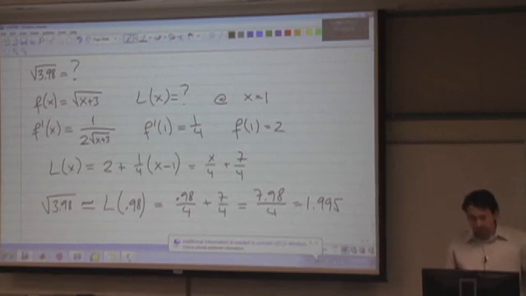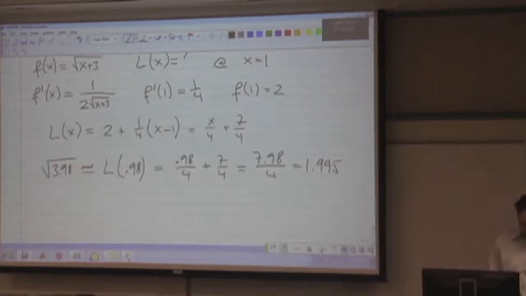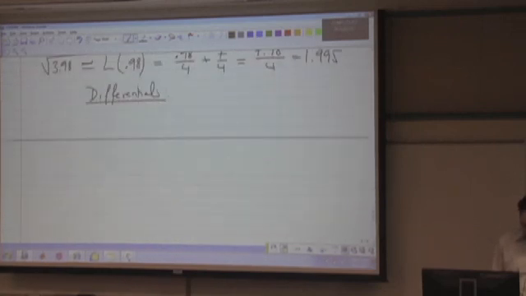The other thing that we're going to talk about in this particular section is called differentials. The funny part about differentials is that I spent a lot of time talking about the fact that if I say y is equal to f of x, then dy over dx is equal to f prime of x, right?